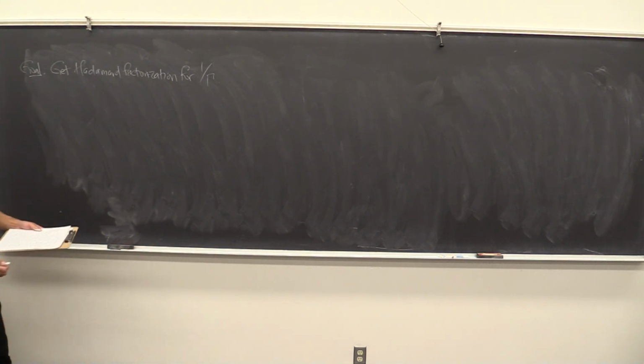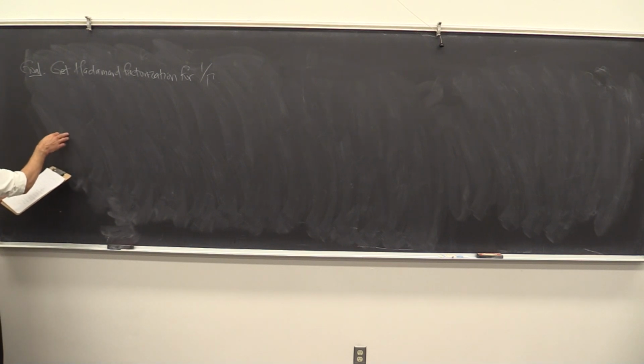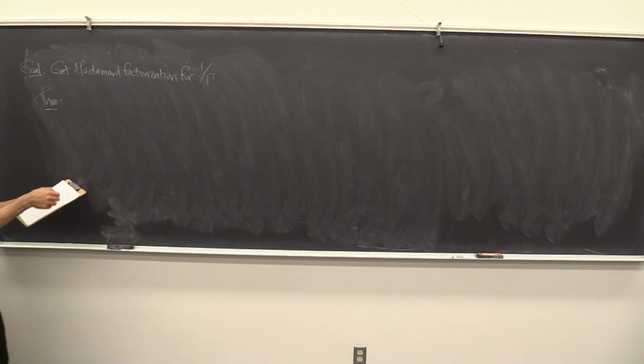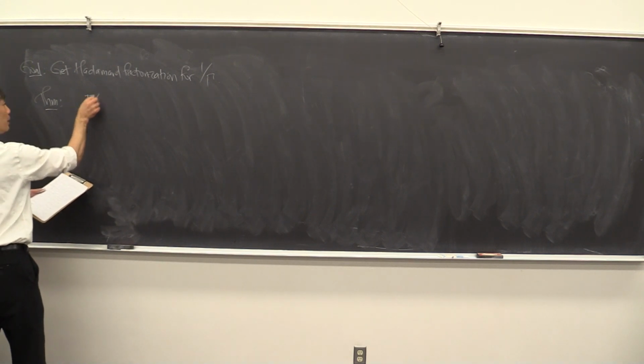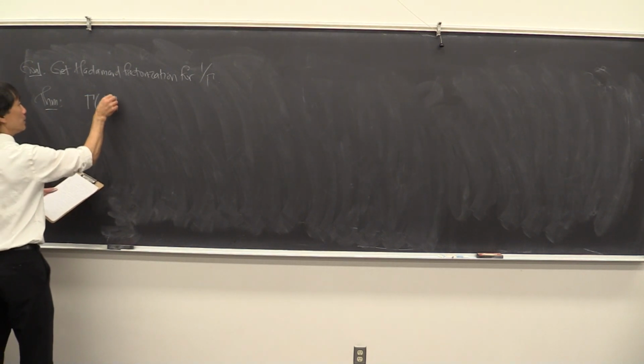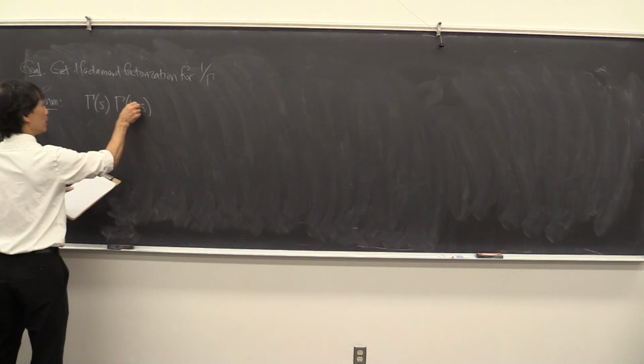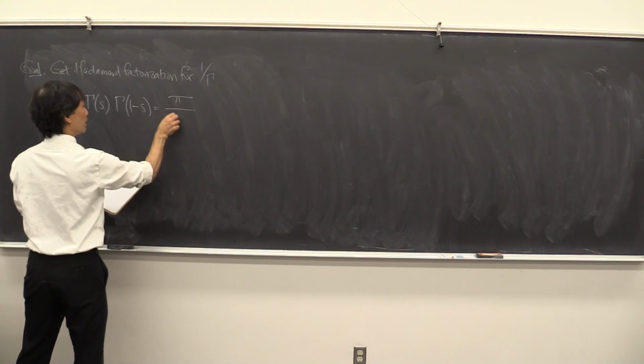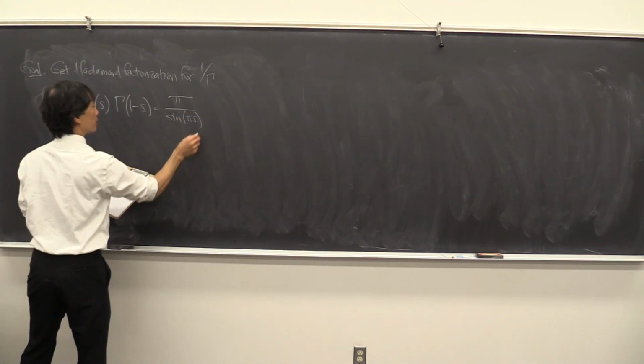Okay, so the first thing we're going to do is get the following theorem that says that gamma of s times gamma of 1 minus s equals pi over sine of pi s.